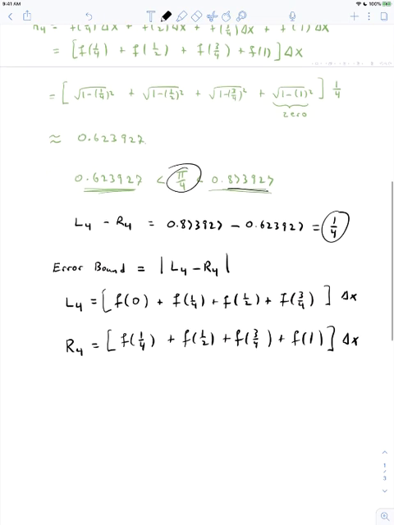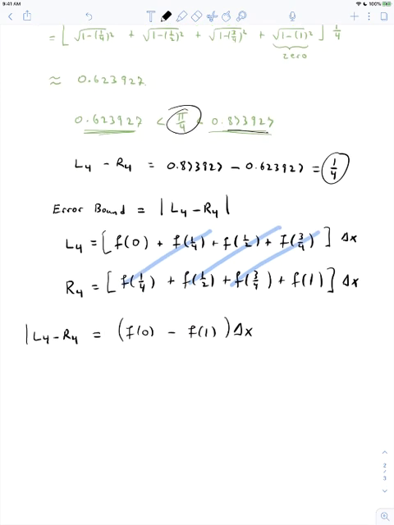So if you want to compute the difference between these, there's a lot of terms in common. The f at 1/4 cancels, the f at 1/2 cancels, the f at 3/4 cancels, and you're just left with f at 0 minus f of 1 times delta x.